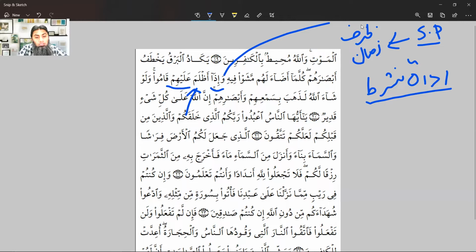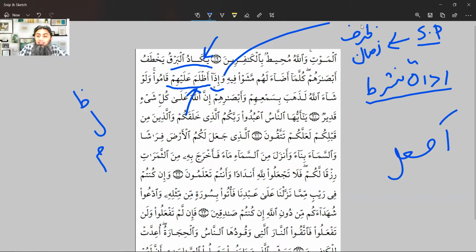So anyhow, brother Javed, azlama fail madi, and then alayhim, is that right? Yes, alayhim is jar majroor mutaalliq bil fail. Okay, Shoaib bhai, do you know which fail azlama is, because the actual root letters are za, lam and mim? It is still fail madi, but you remember we have the family of af'ala.